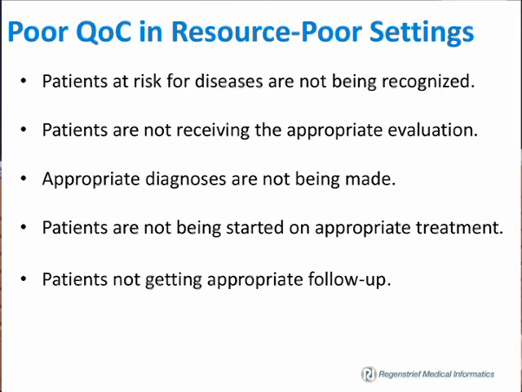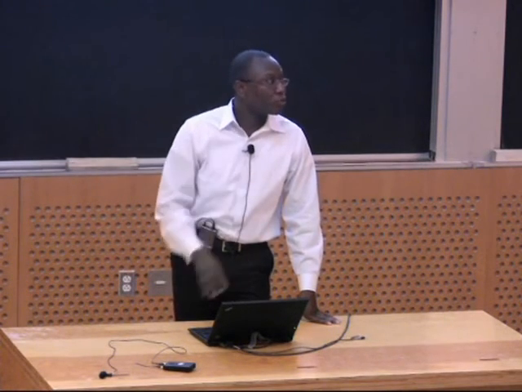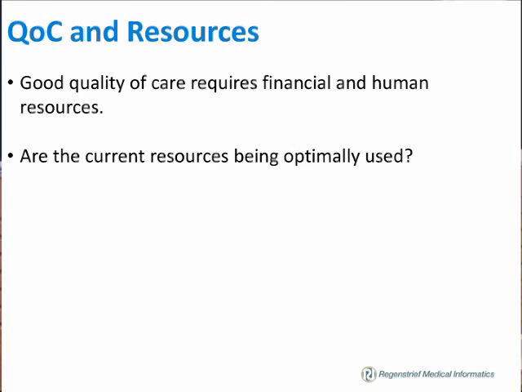For example, a lot of people who have HIV don't know that they're HIV positive in developing countries, but the same happens in developed countries, right? Patients don't receive appropriate evaluations, they don't get appropriate diagnosis, most of them can't even get the treatment, and a lot of them end up not getting the appropriate follow-up. So not a very controversial statement, but again, maybe a little bit more extreme in the developing or resource-poor countries, but we see a lot of this here too, okay?